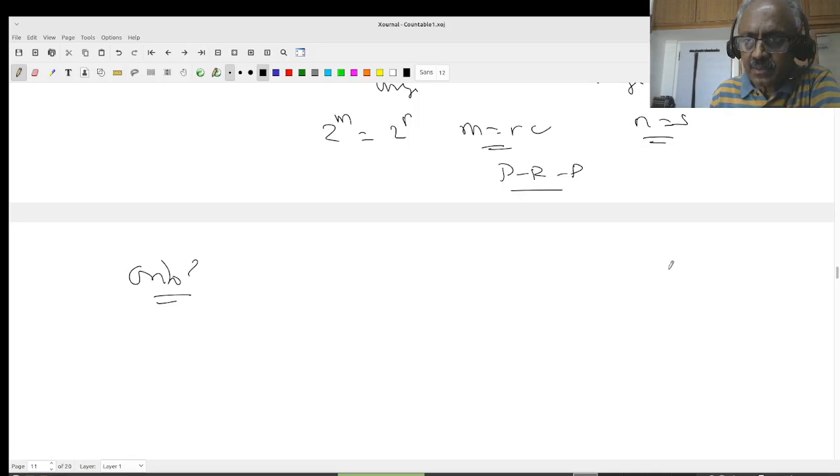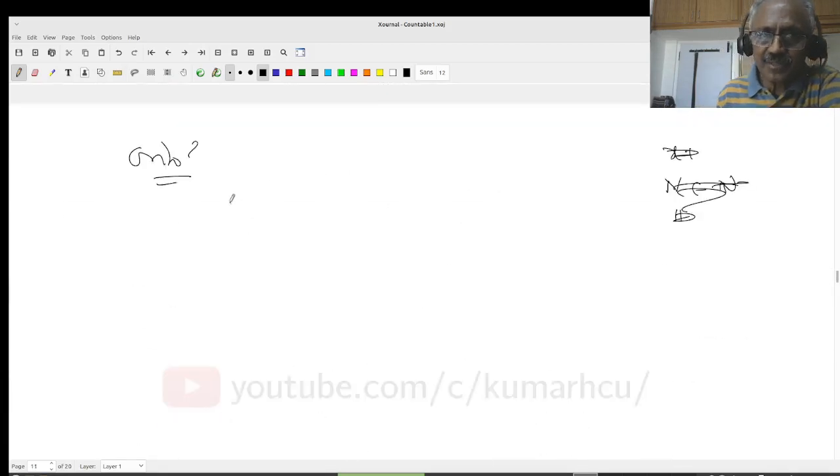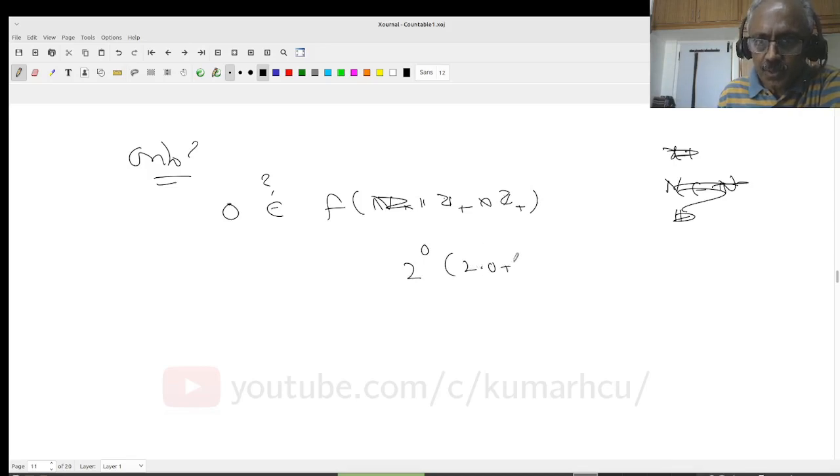That is, you give me an x or capital N in natural numbers, sorry, Z plus. Now whether 0 is there? First let us see whether 0 is there. Z plus cross Z plus. Yes, because 2 to the power 0 into 2 times 0 plus 1 minus 1 will be 0.